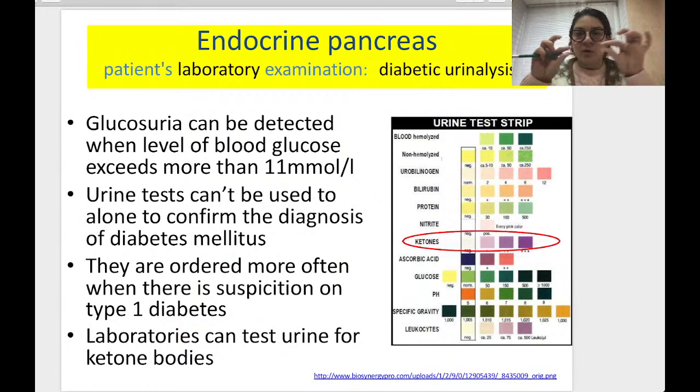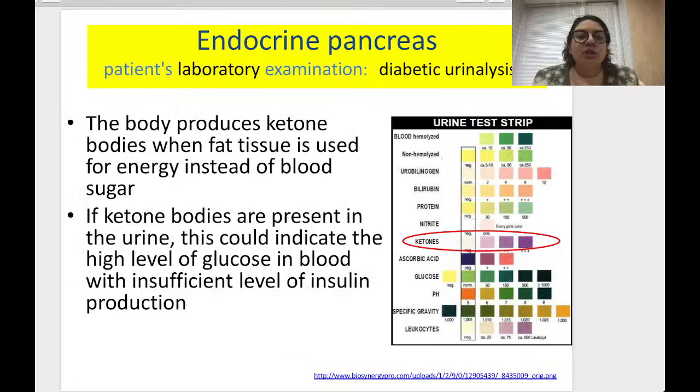It is a paper strip, like a pregnancy test, that you put into the urine, and according to the color of the indicator we can check whether ketones are present or absent, and by the intensity of the color we can understand how many ketones are in the patient at this moment.